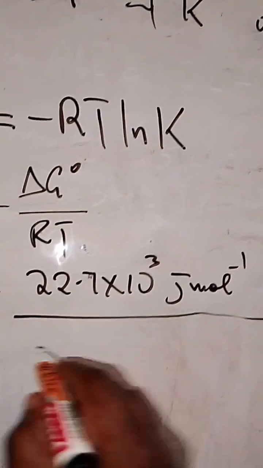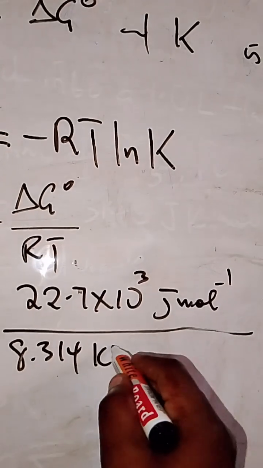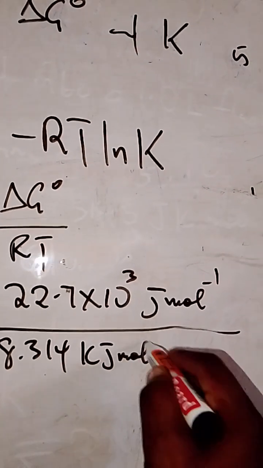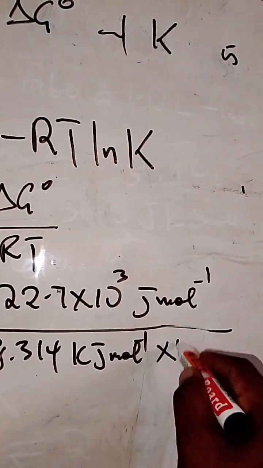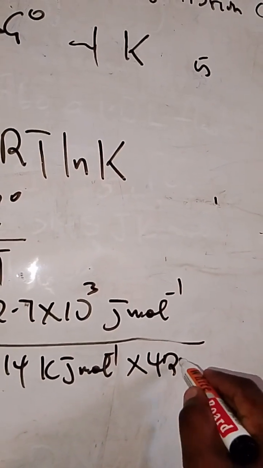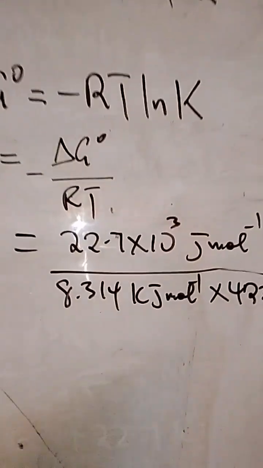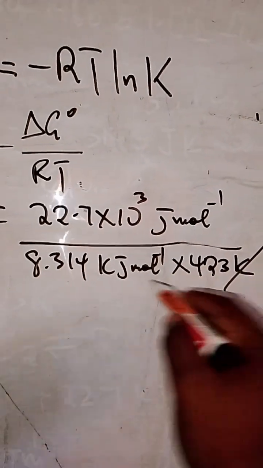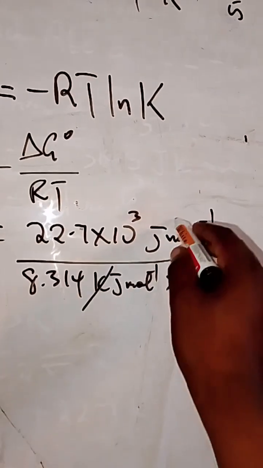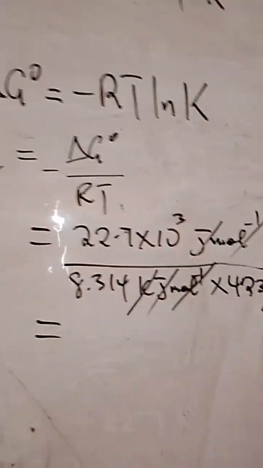Then over R, 8.3145, times the temperature, 423 K. Let's see if the units cancel out. We can cancel K, the J will go, per mole, so we only have a number.